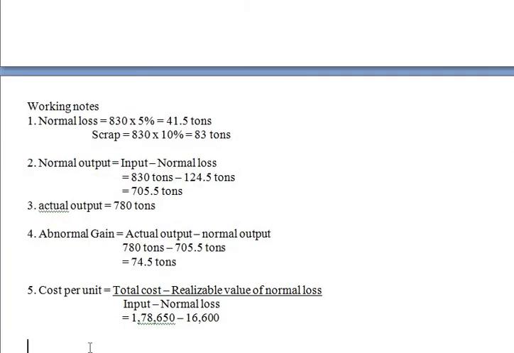Now divided by input is 830 tons minus normal loss is 124.5.